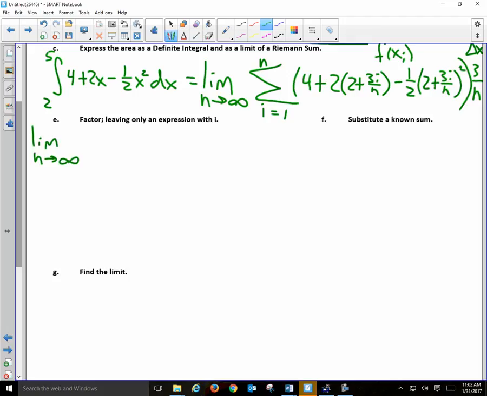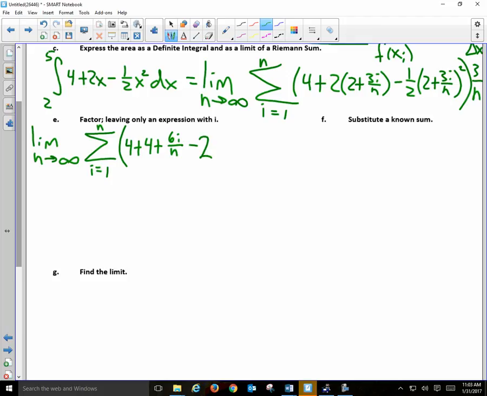It's a good thing that you're so good at algebra. Okay, better multiply this out. I have 4 plus 4 plus 6i over n minus, oh boy, I got to square this out. 2 squared times 1 half, it's a minus 2.